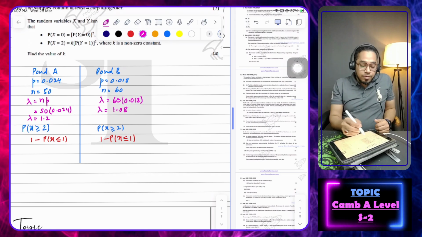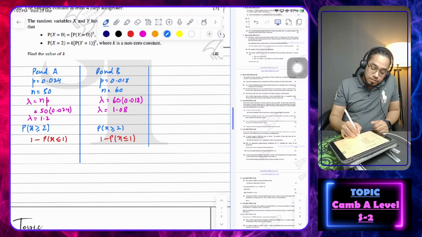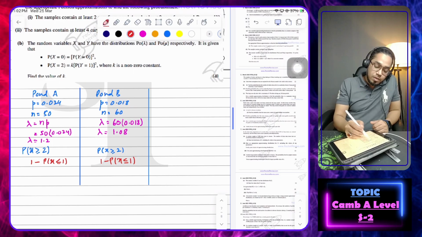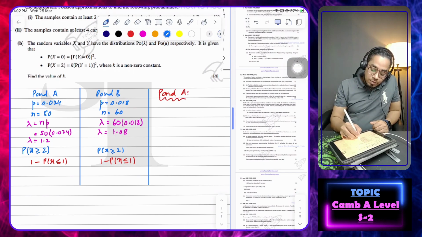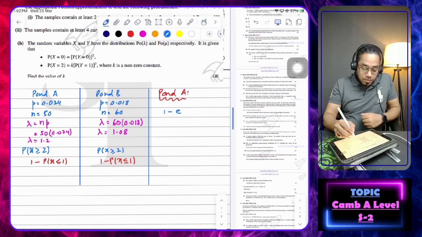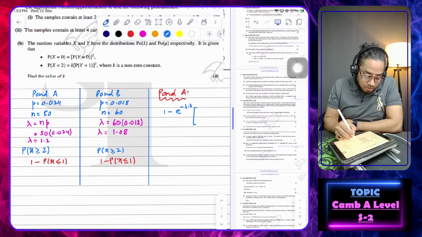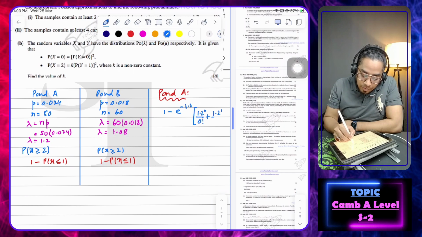Okay, so now when we are dealing with pond A, it is 1 minus e to the power of negative 1.2 times, 1.2 to the power 0 upon 0 factorial plus 1.2 to the power 1 divided by 1 factorial.